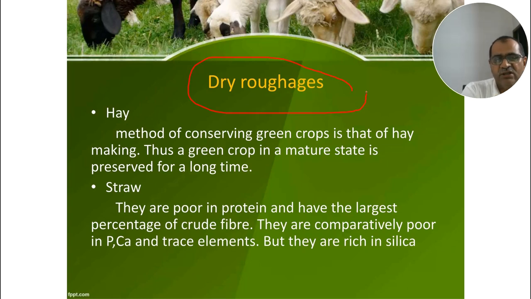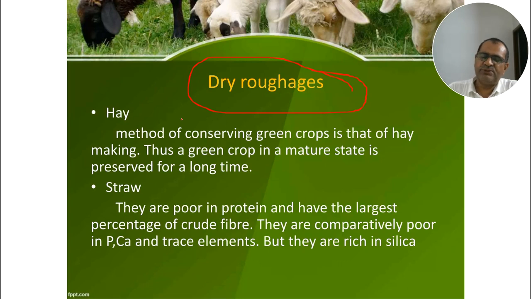Then coming to dry roughages, also called dry matter or dry fodder, it is classified into several types. Number one is hay. What is the difference between hay and straw? Later we will know. Hay is a method of conserving green crops, that of hay making.